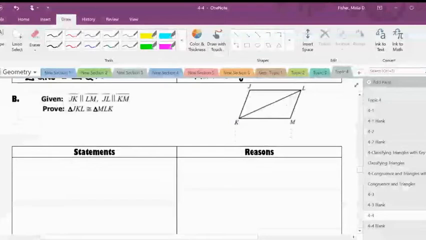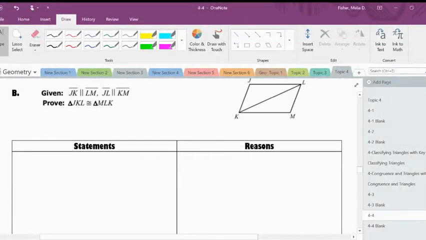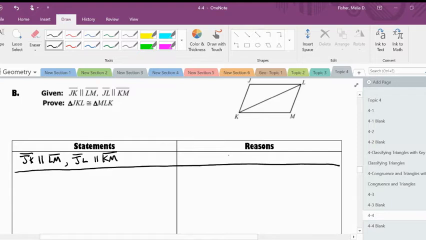Let's do another one. Start off with our given information, which tells us that JK is parallel to LM and JL is parallel to KM. And that is given information. So I can mark that that is parallel to that, and that this side is parallel to this side.